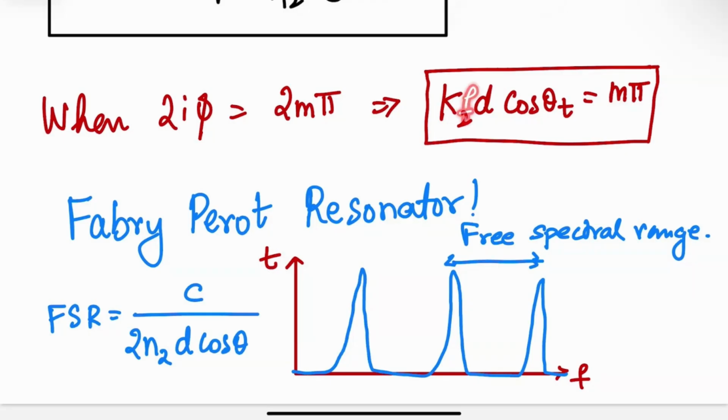You have an f, and then 2d cosine theta in the denominator, and c in the numerator, because k is omega over c, or 2 pi f over c. So that gives you the first one, and the spacing is the same. And that's how you get that free spectral range.